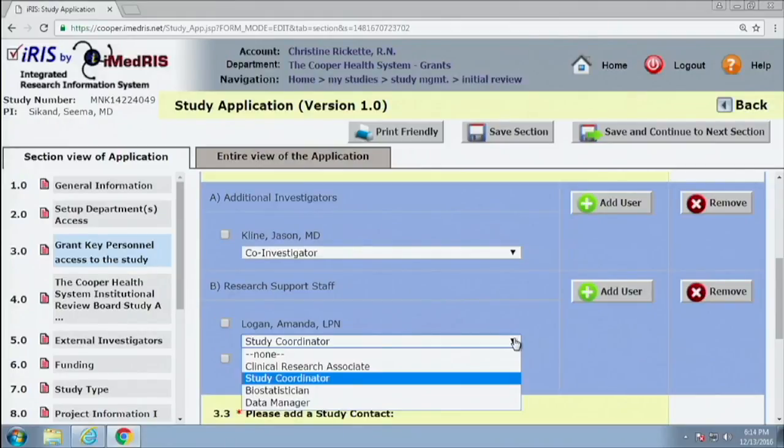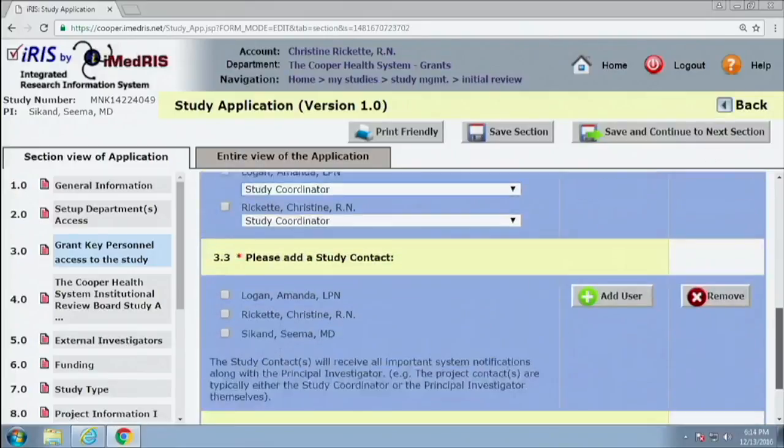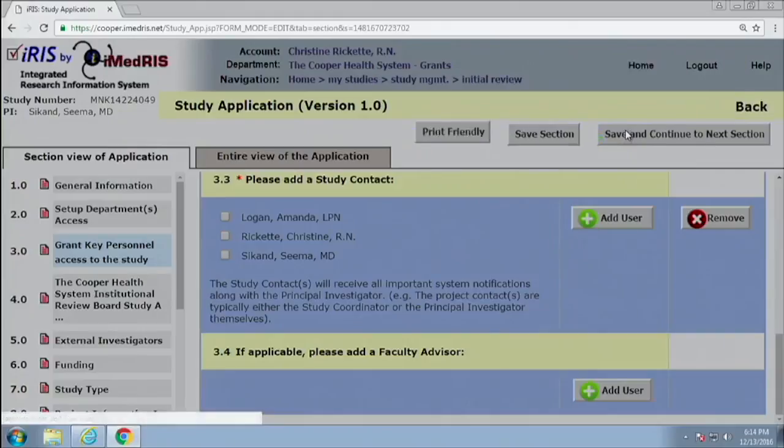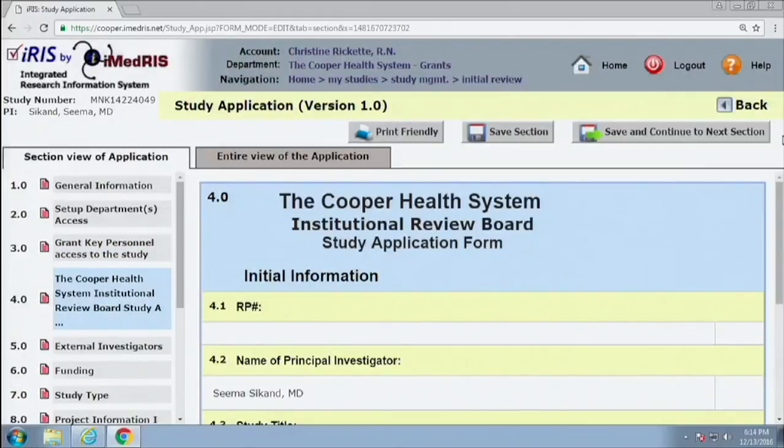So you would give them a category. And add the faculty advisor that gets added if it's a medical student. We want to put who the attending physician from Cooper is that's going to be overseeing the project.